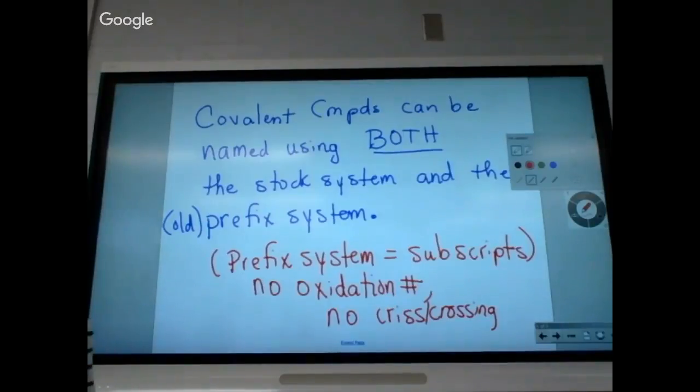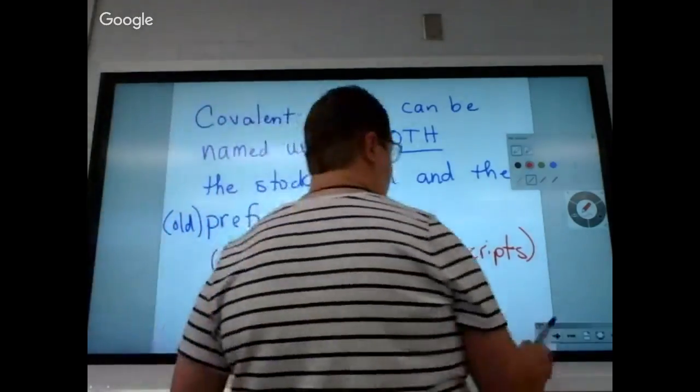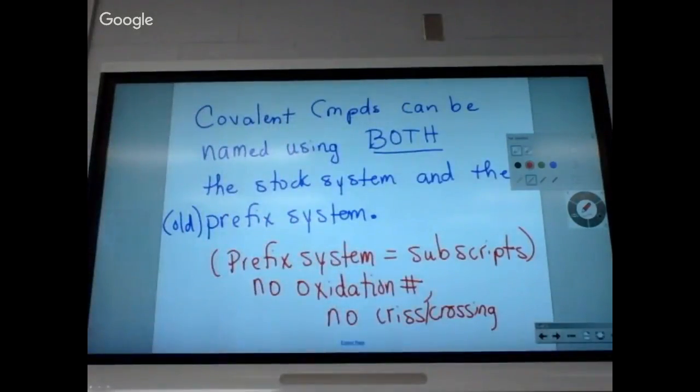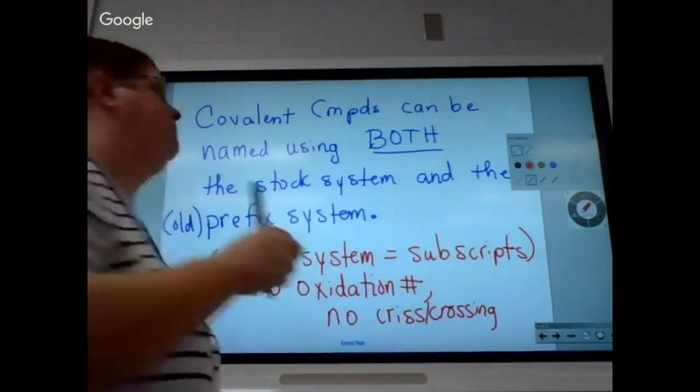So, let's see what we remember. How do you recognize an ionic compound? Nope, that would be binary. It's not a bad answer. It's just binary. It's metals and non-metals. Okay.